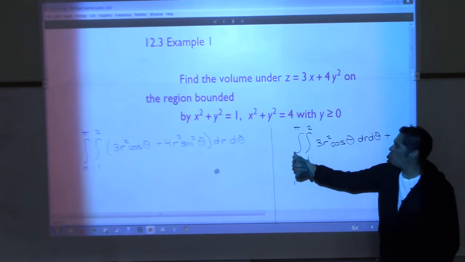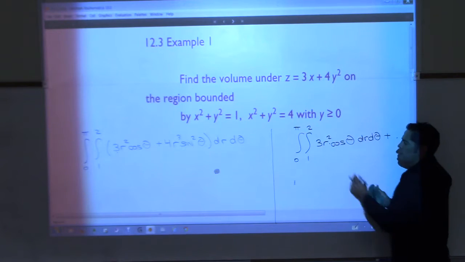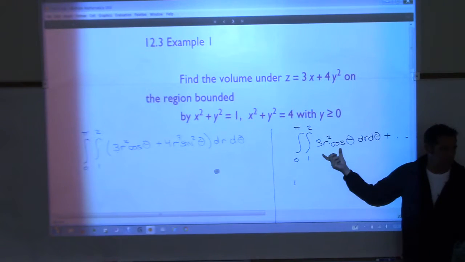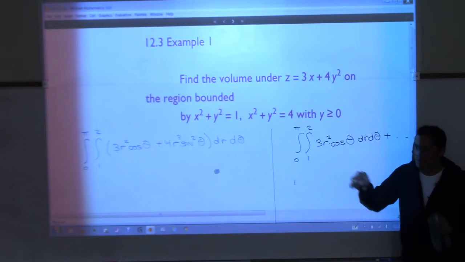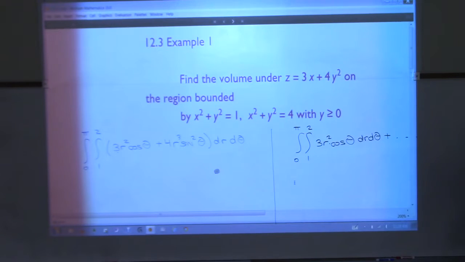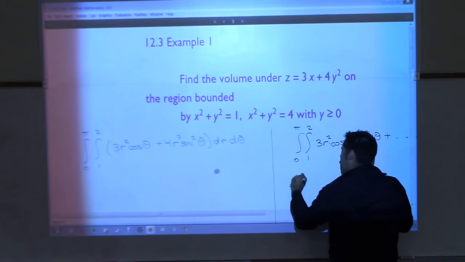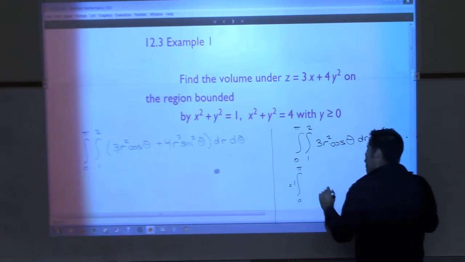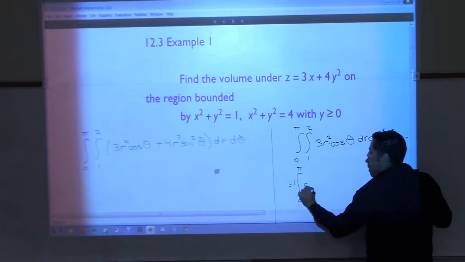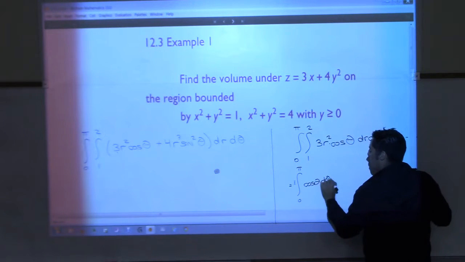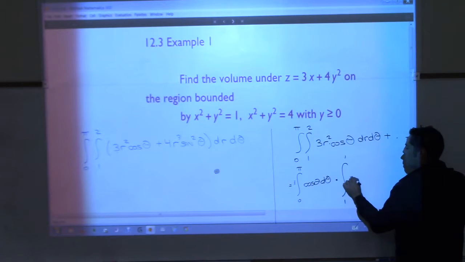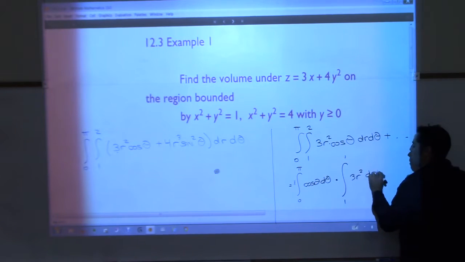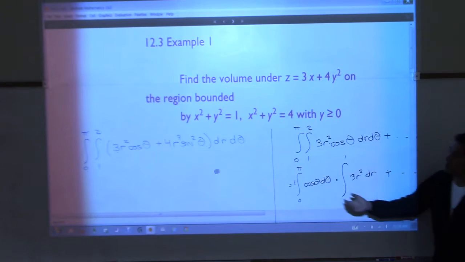If I did this first one, because the two variables are separated from one another, there's not an r inside the cosine, there's not a theta out here. Because they're completely separated by a product, I could use a property that I showed you all last class, and turn this into the integral 0 to pi of cosine theta d theta times the integral from 1 to 2 of 3r squared dr. And then plus, I could split the second one up the same way.